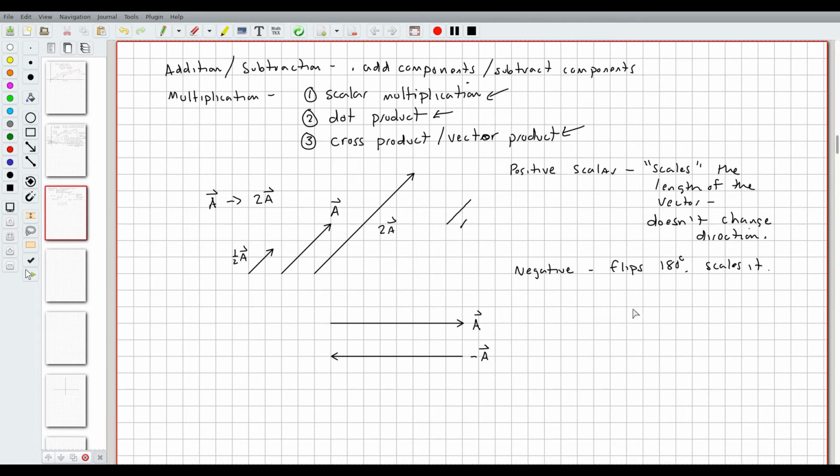Let's think of vectors as distances and directions that you walk. Let's pretend that you walked from the tail of A all the way to its tip, and then you walked from the tail of minus A all the way down to its tip. You see how you haven't really gone anywhere? Well, check this out. A plus minus A gives you 0.